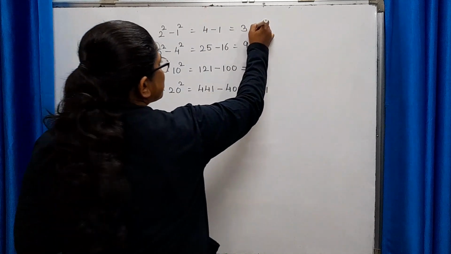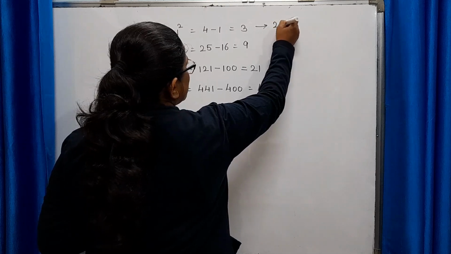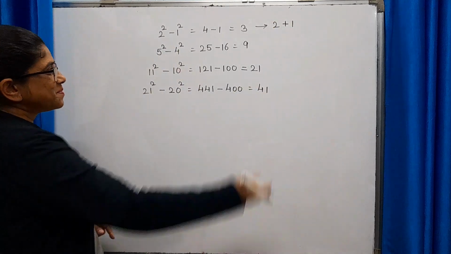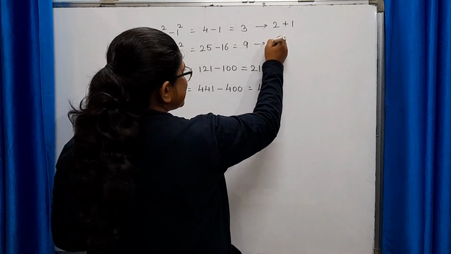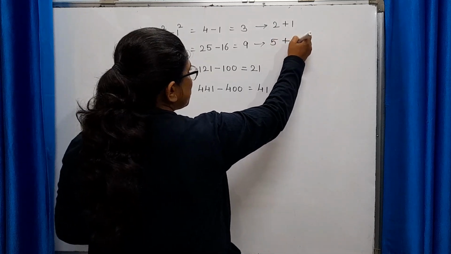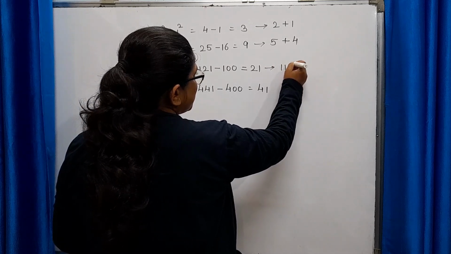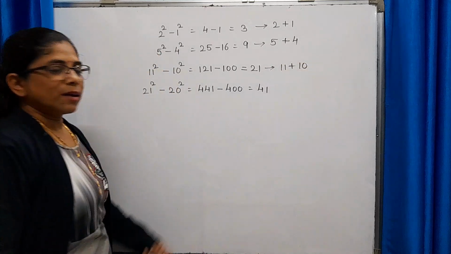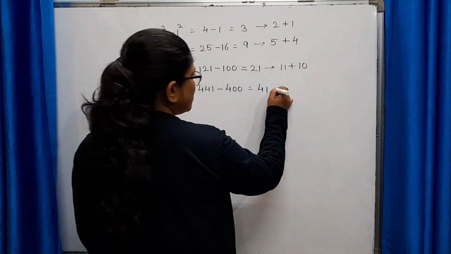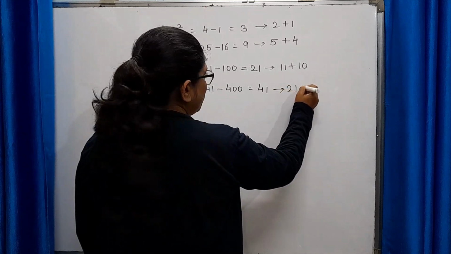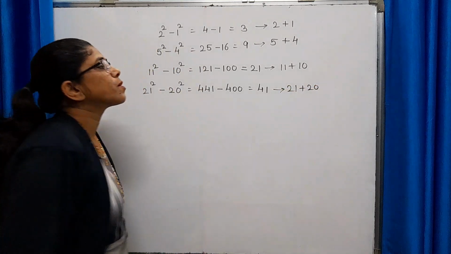Now this 3 is nothing but 2 plus 1. 9. 9 is nothing but 5 plus 4. 21. 21 is nothing but 11 plus 12. And 41. 41 is nothing but 21 plus 20.